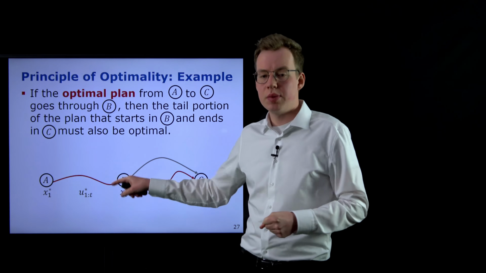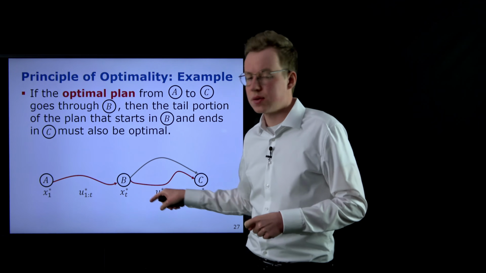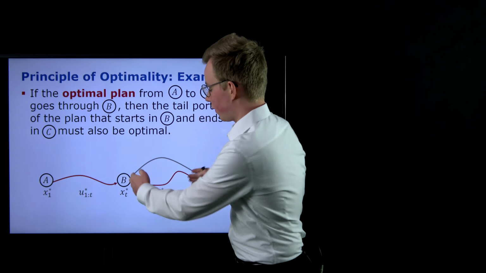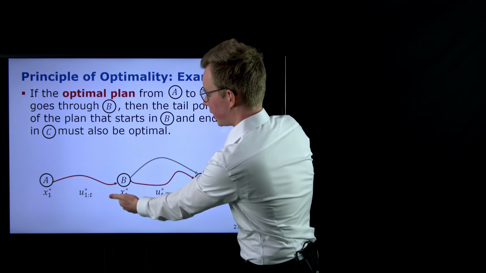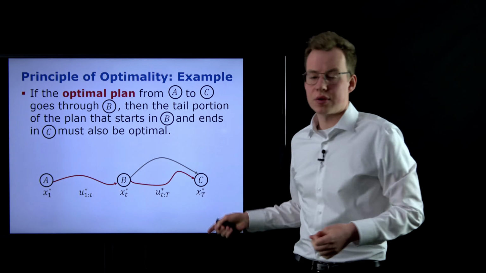Meaning that if we are in B and ask what is the best way to get to C, we can just truncate and take this tail portion of our original plan.